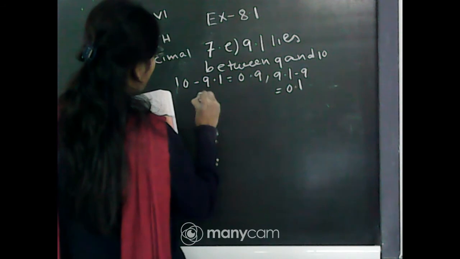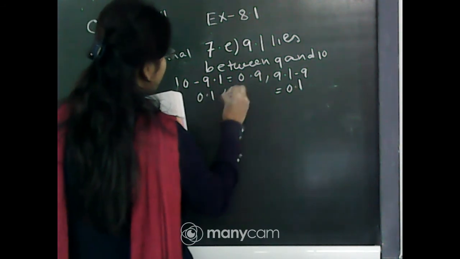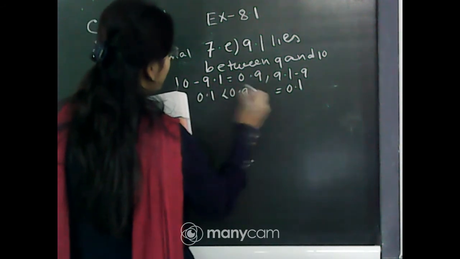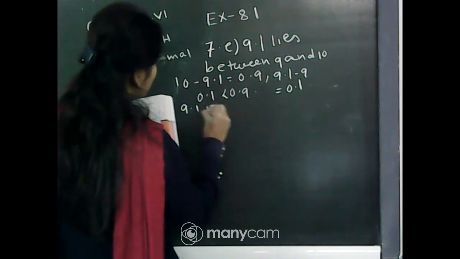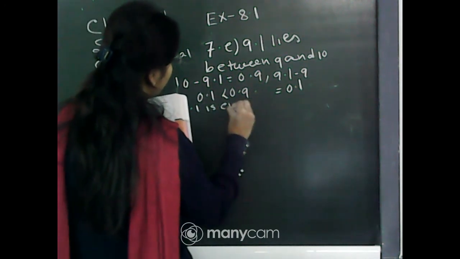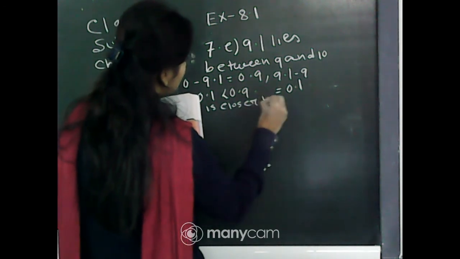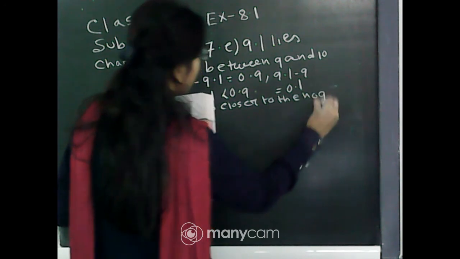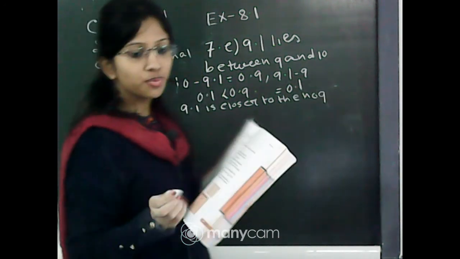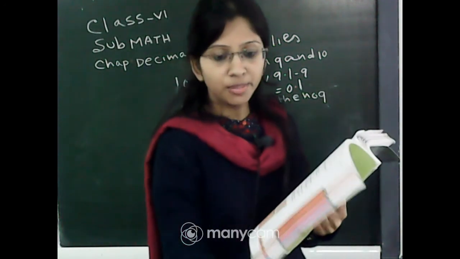Clearly, 0.1 is less than 0.9. Therefore, the number 9.1 is closer to the number 9. Clear? Up to this portion, any problem, students?